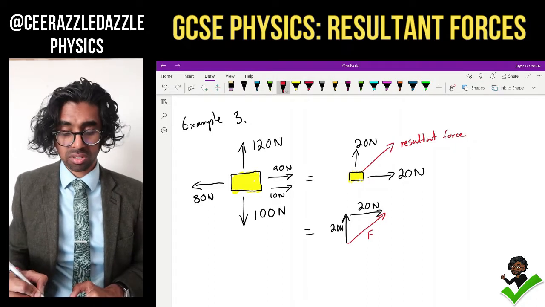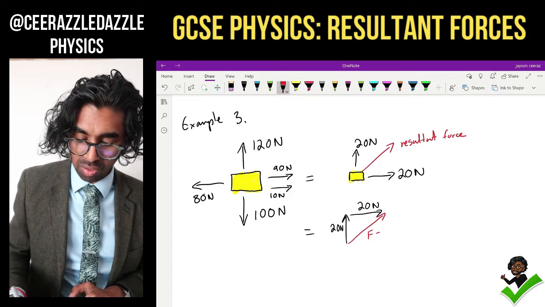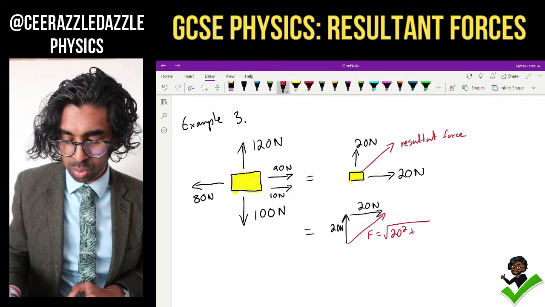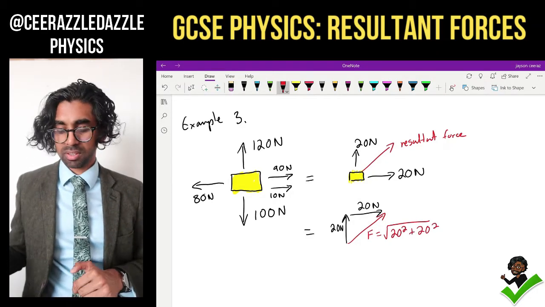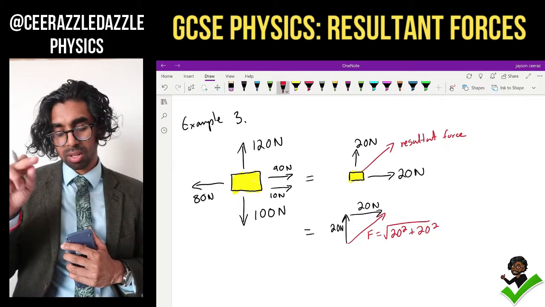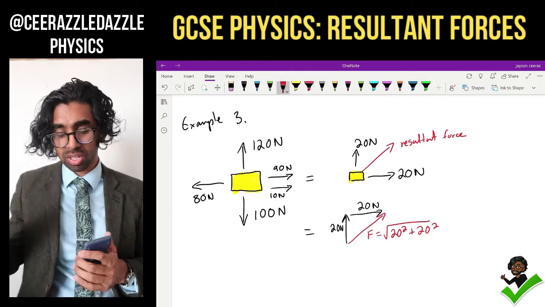How am I going to do that? It'll be equal to the square root of 20 squared plus 20 squared. Yeah, Pythagoras, yes. So obviously it's the hypotenuse. I'm squaring and adding them together, then square rooting them.